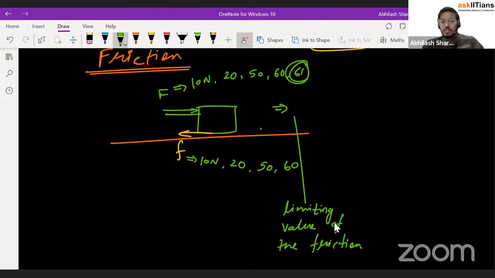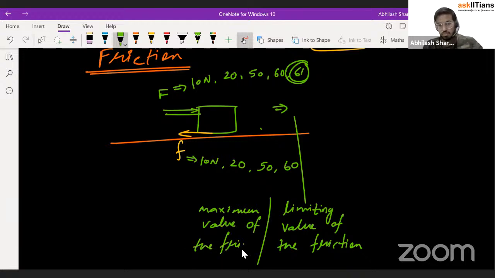Or in simple words, we can also say it's the maximum value of the friction. So limiting value or the maximum value. That's how we define it.